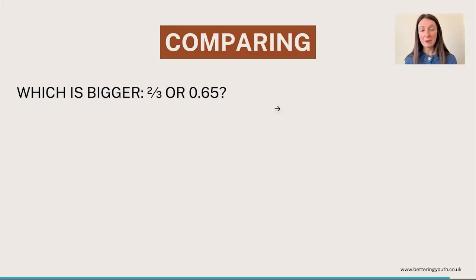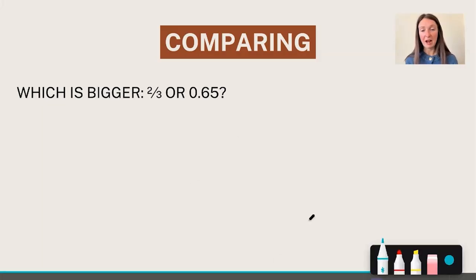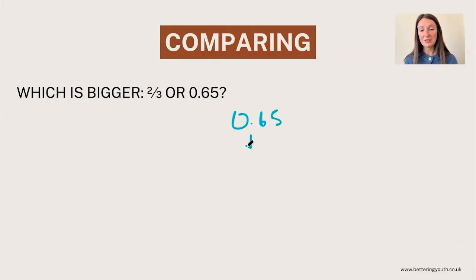So if I put 0.65 as a fraction, it will turn into 65 over 100. And right here, I've got 2/3. Now this is a simplified version, 2/3. What I need to do is see if I can build it up. Now 3 doesn't fit into 100.